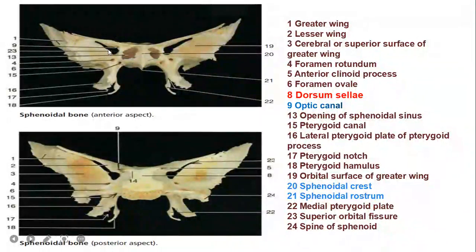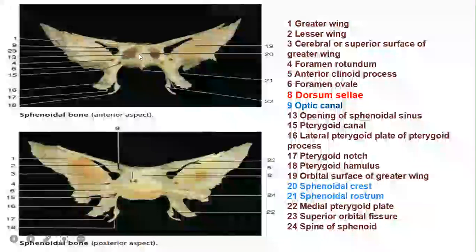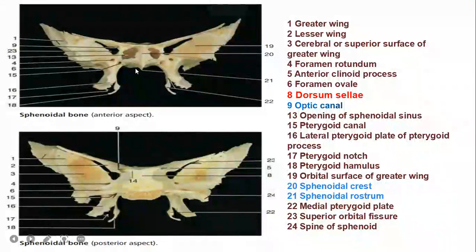We've been talking about the optic canal. As we move ahead, we'll find the part labeled 20, which is the sphenoidal crest. Remember, this is the anterior aspect, and then we'll be able to see as well the sphenoidal rostrum.